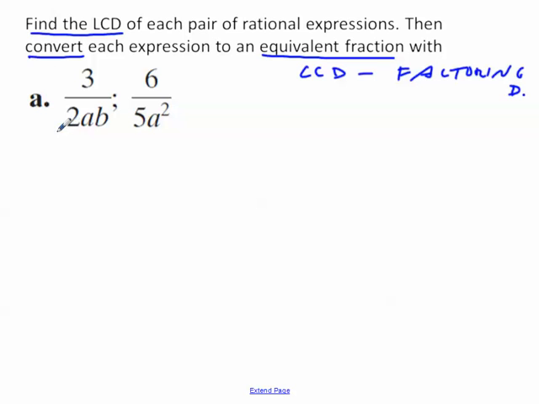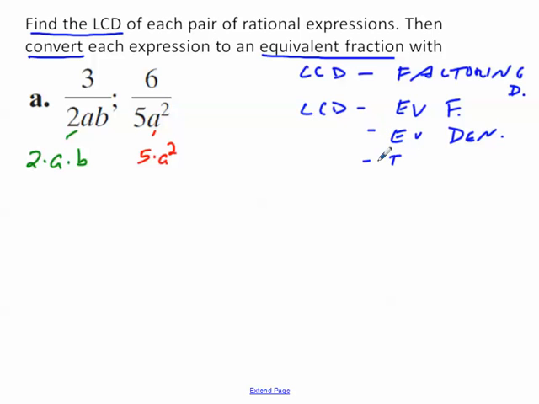All right, well, my denominator is 2 times a times b. My denominator over here is 5 times a squared. So we've factored. Step number 2 says our lowest common denominator includes every factor from every denominator raised to the highest power.